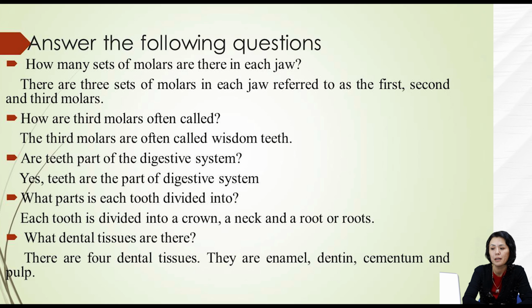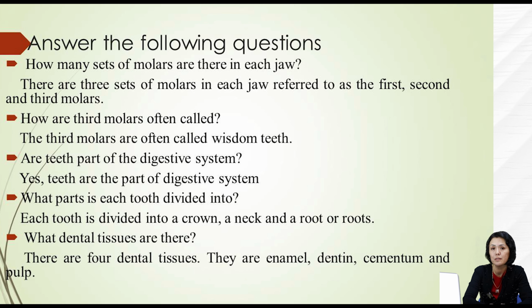Are teeth parts of the digestive system? Yes, teeth are part of the digestive system. What parts is each tooth divided into? Each tooth is divided into a crown, a neck, and a root or roots.